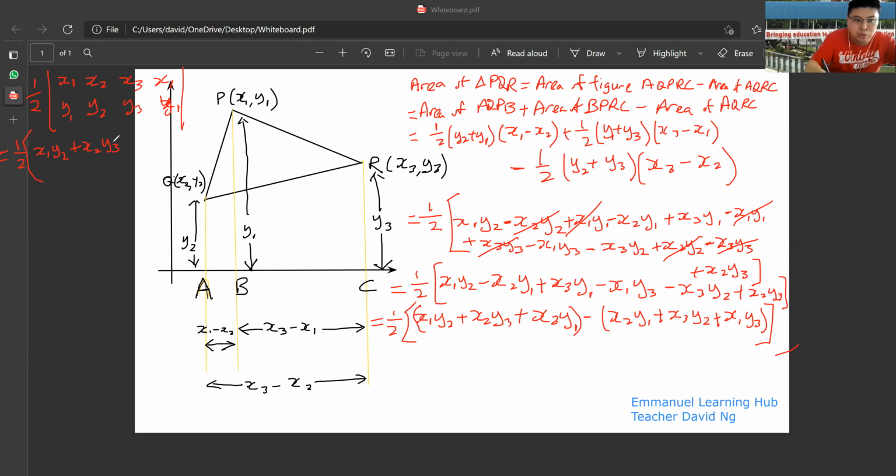Now I just need to prove to you this is this law. Then you can use this law. So x1, y2, x2, y3, x3, y1.